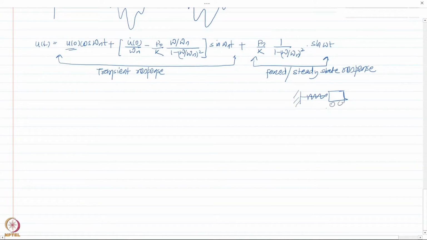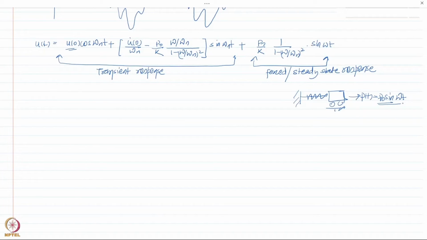If you apply a force which is a harmonic force, whether there is an initial condition or not, whether there is no initial velocity and no initial displacement, still as long as you have applied force, the body would have some response, and that is the steady state response due to this force.